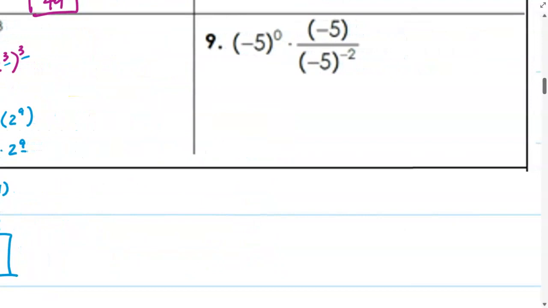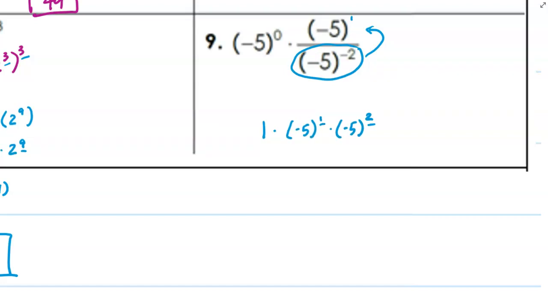Now, let's take a look. This is going to be 1. It's nice. Okay, I can move this entire number up. It's going to be a 1 times, is it negative 5 to the 1 times negative 5 to the second.